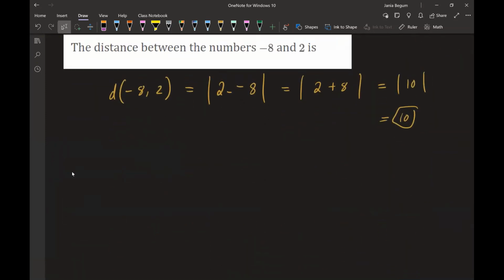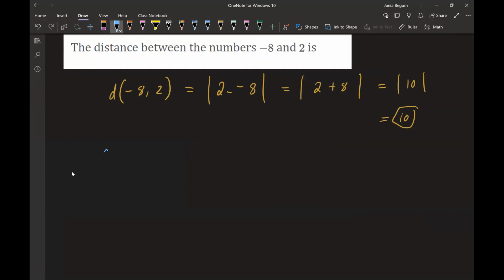Any questions? So Miss, for the absolute value, right? If you get the answer is minus, right? If you have the absolute value, it just changes to positive, even though it's negative.